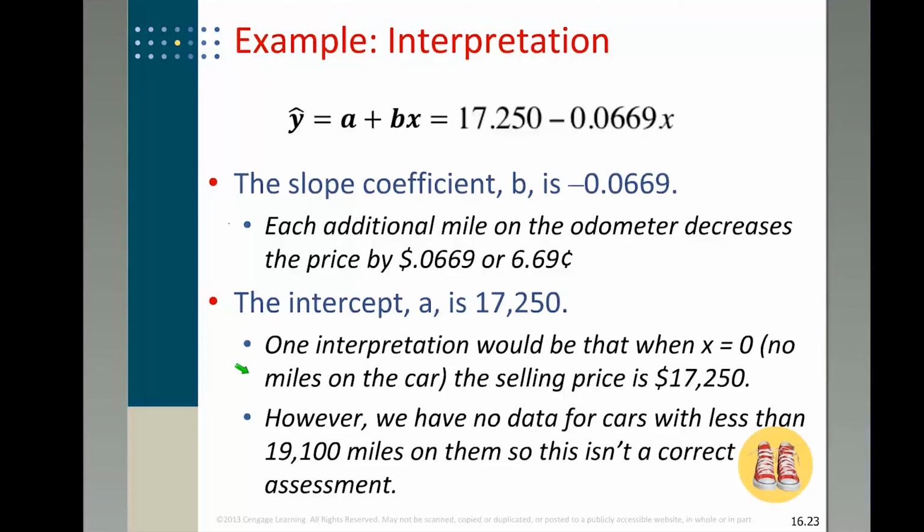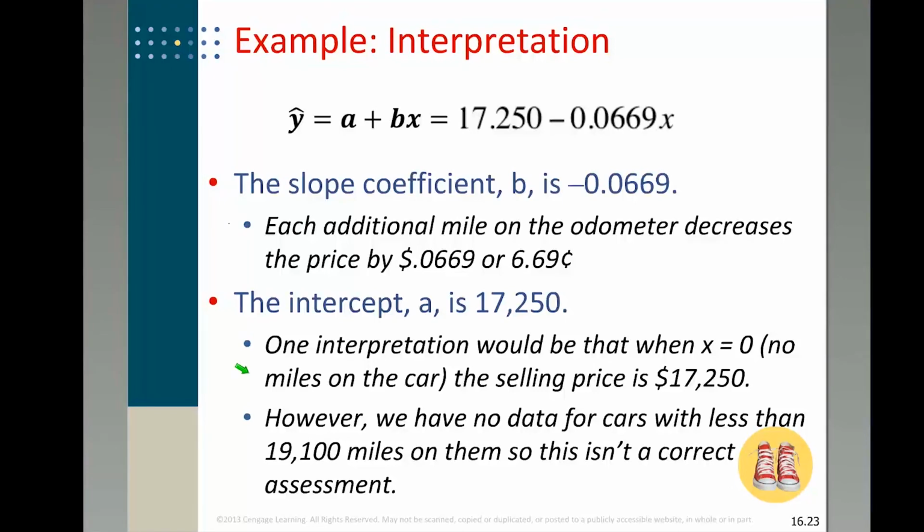However, the issue here is that number one, 0 is not in our data, okay? Because we're talking about used cars, and it doesn't make sense for a car to have 0 mileage when it is used. Even for new cars, it won't be 0 mileage.